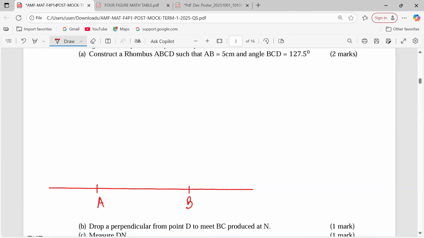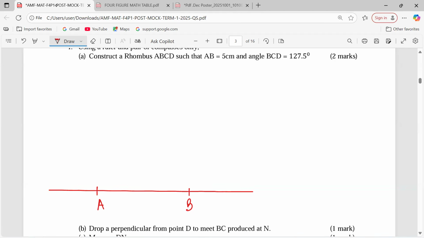Now, the next thing is ensuring that I construct 127.5 degrees, and that is the angle at C. I want you to see how technical the question is. It's always good for you to operate with a sketch, to sketch a diagram.